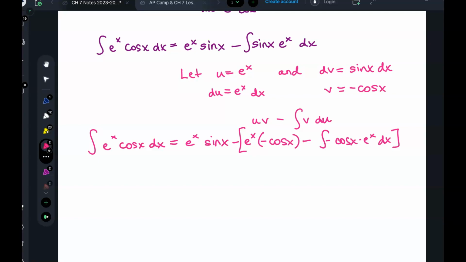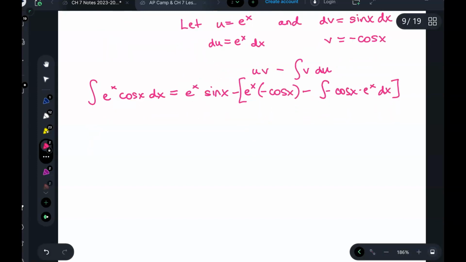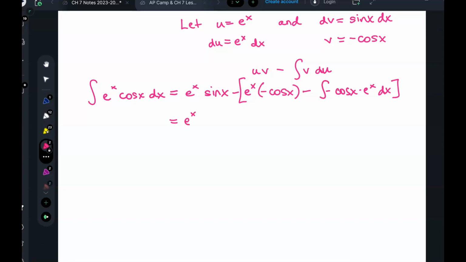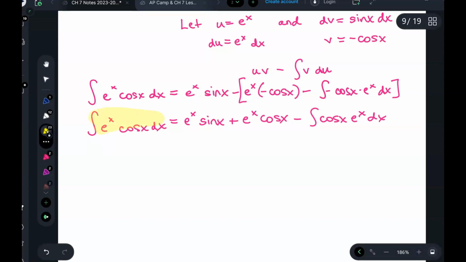Is this gonna go forever? It could, but now we have the same integral from the beginning, so it's gonna be plus. So it will go forever, but you can plug in what we got for this.